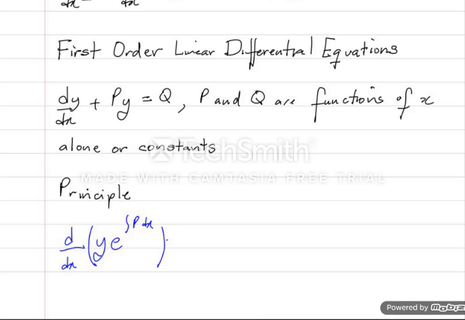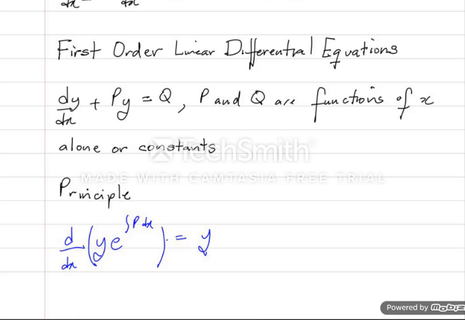Let us see what happens if we differentiate y times e to the integral of p with respect to x. First of all, it's a product differentiation. Product differentiation says leave the first, differentiate the second. So it is y, leave the first, differentiate the second.